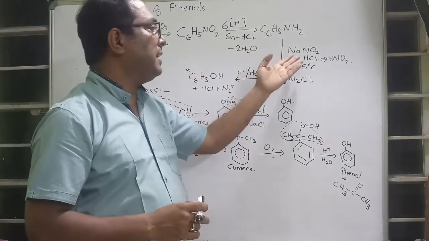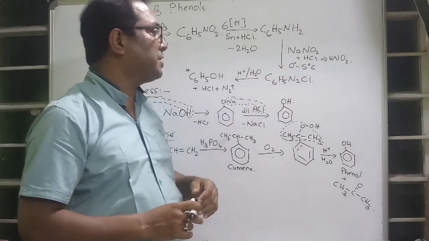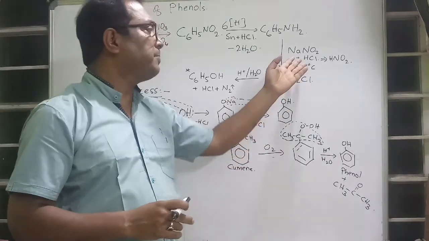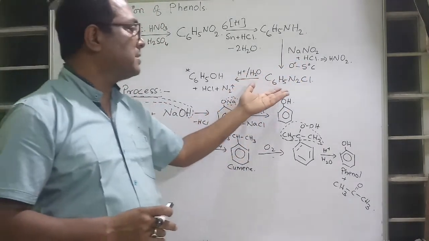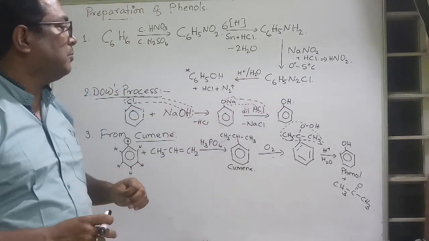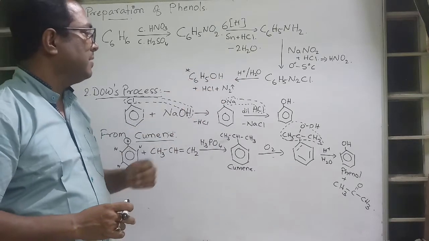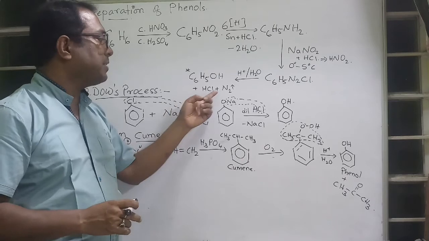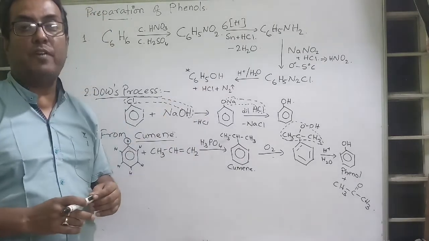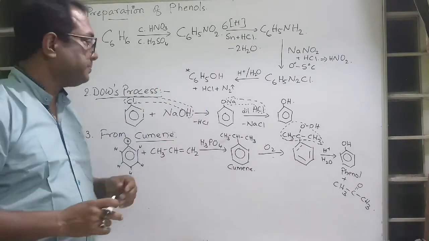Aniline, when treated with NaNO2 and HCl at 0 to 5 degrees centigrade, produces nitrous acid, HNO2, which in the presence of HCl produces benzene diazonium chloride. Benzene diazonium chloride, on hydrolysis with water and some acid, produces phenol. Together with it, hydrogen chloride gas and nitrogen are also formed, and they vaporize, and phenol is left behind.